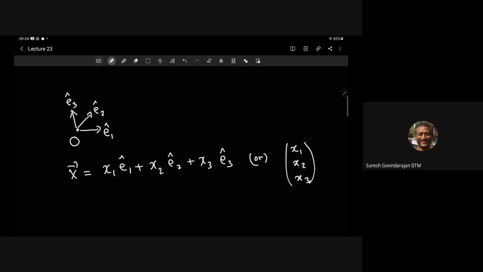We would expand any vector in this fashion, and we will either think of it in this form, or as this triple, a triplet of numbers.